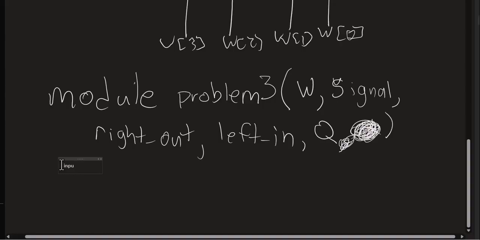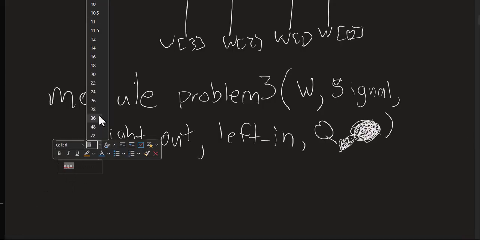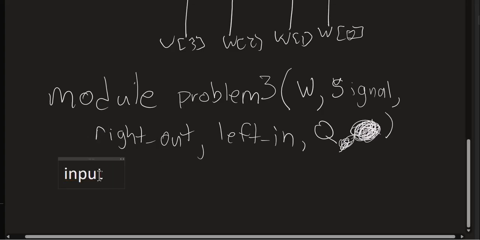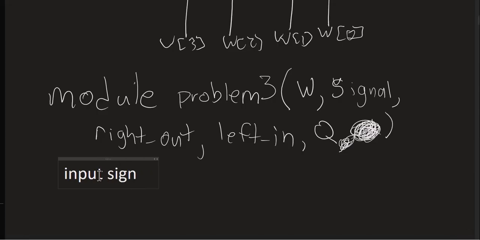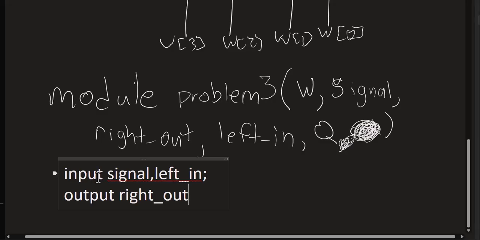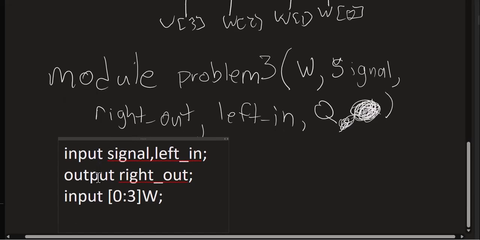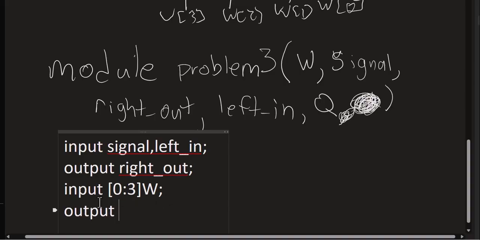Okay, so we'd have input signal, left in, output right out, input [0:3] W, output, is it output reg or reg output?